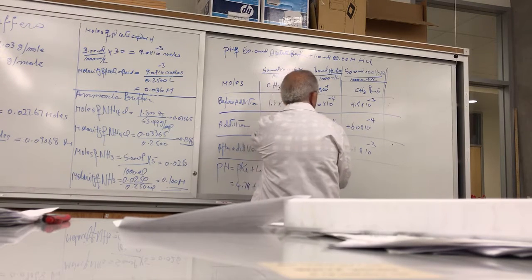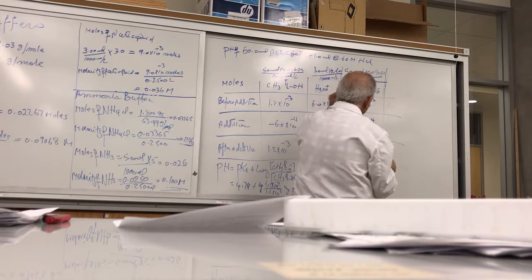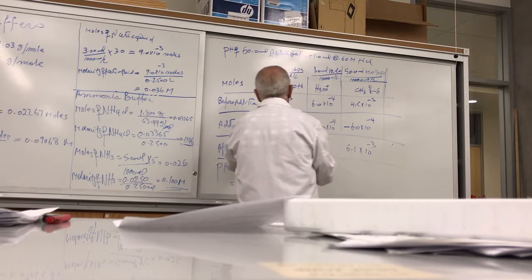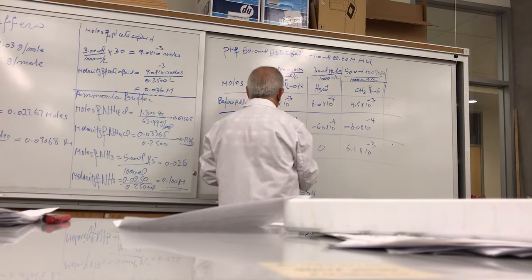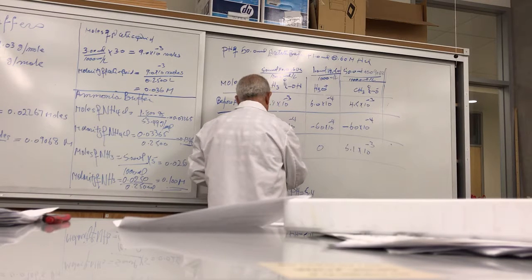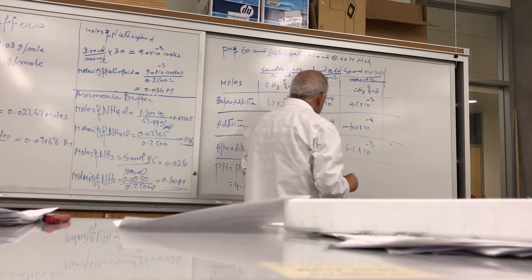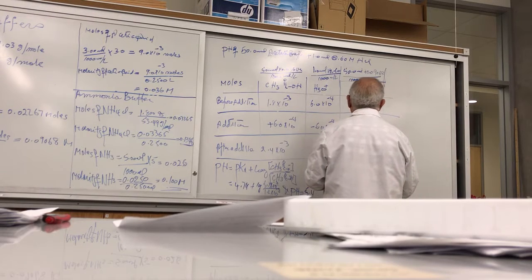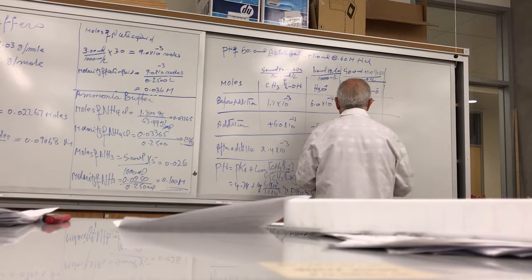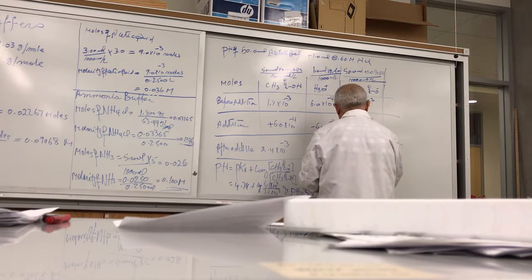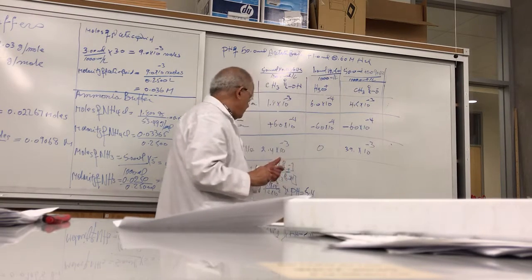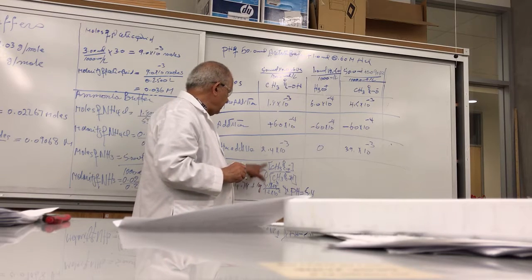Now this will react with acetate, and this will be minus, and this will be plus, and this will be 2.4, and this will be 3.9. And the ratio will be 3.9 divided by 2.4.